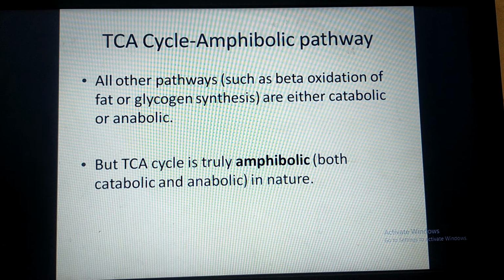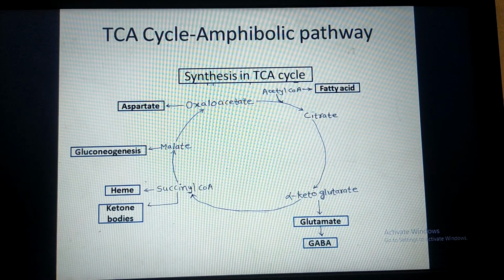Therefore, it is called amphibolic in nature. First we will see the anabolic nature of TCA cycle. The intermediates of TCA cycle are used for the synthesis of various substances. Therefore, you can say TCA cycle is anabolic in nature.